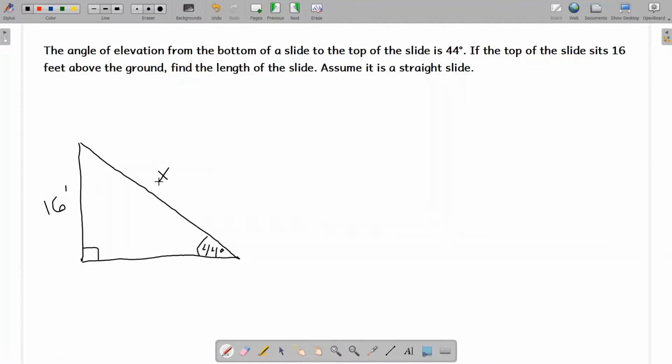So again, what sides do we have? We have the opposite, we have the hypotenuse, so that's telling us that we're using sine here. So sine of 44 is equal to 16 over x. Multiply both sides by x now.